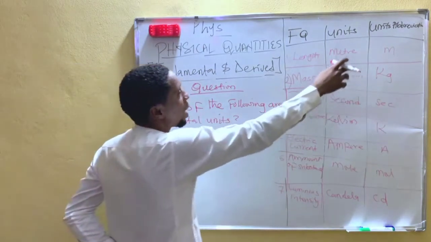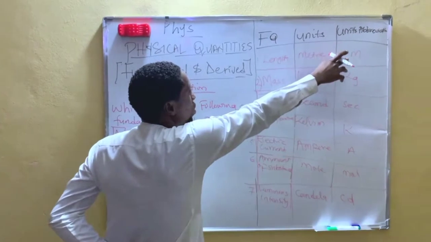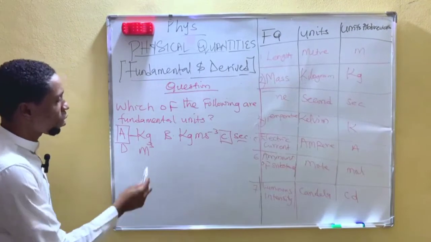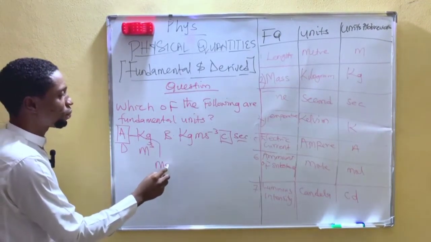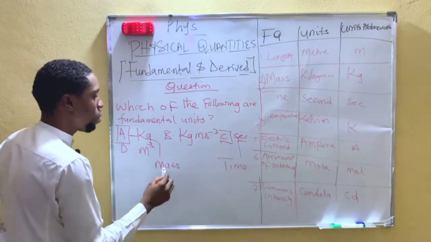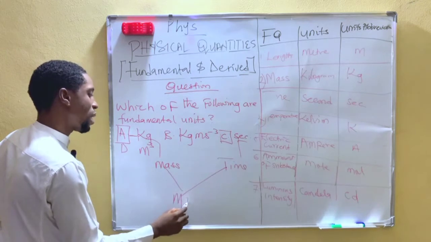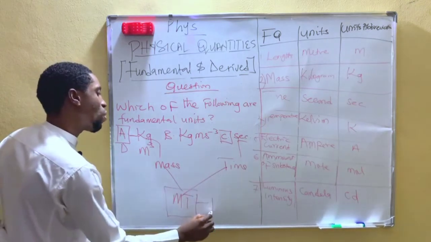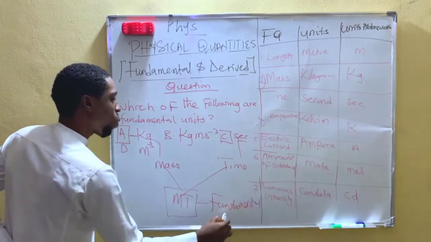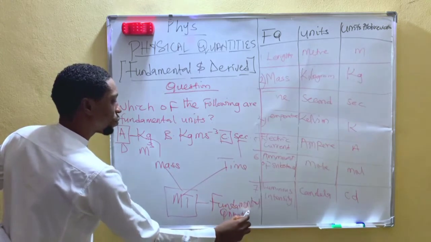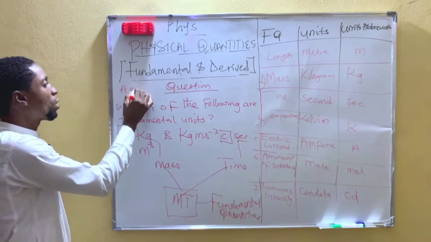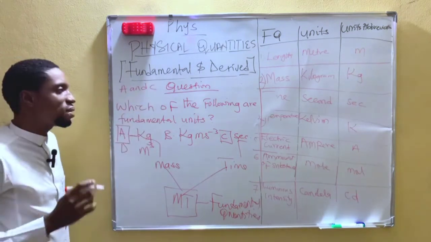Because when you look at the fundamental units on the board, you will see kg and you will see seconds. Kg measures mass, while seconds measures time. So mass and time are the fundamental quantities. So the correct option here is A and C.